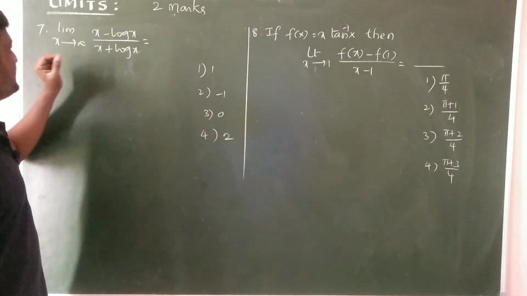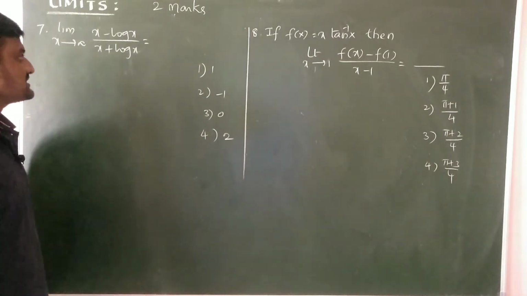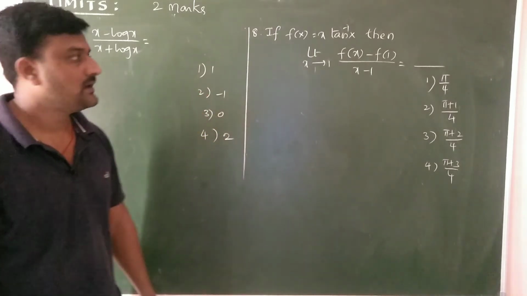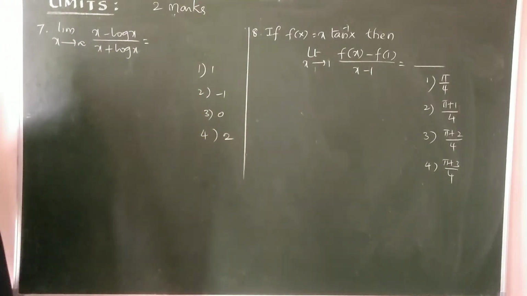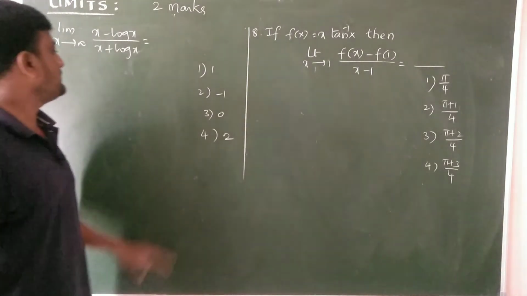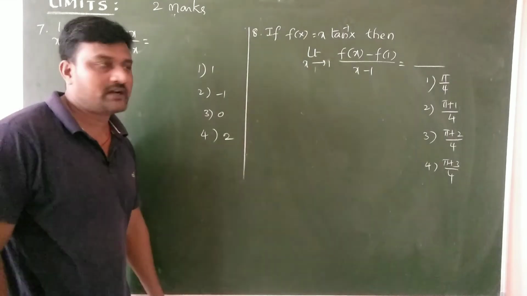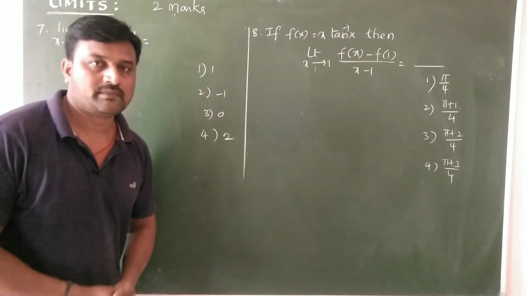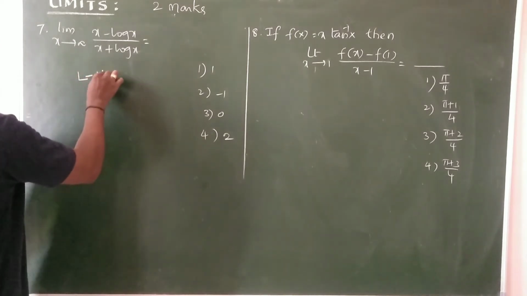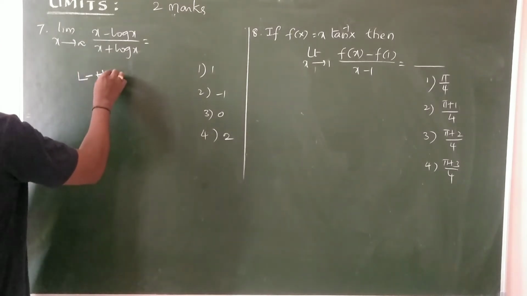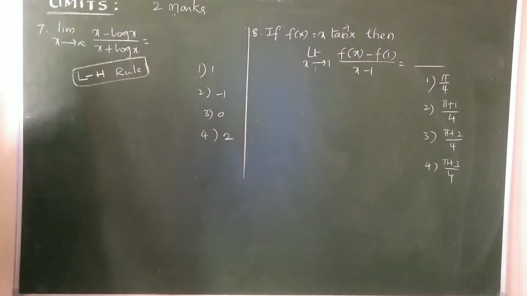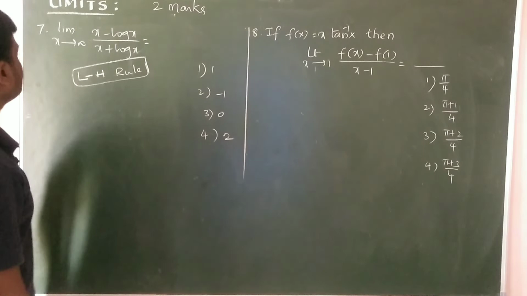Limit x tends to infinity, (x minus log x) by (x plus log x), equals what? Infinity by infinity form. Here we cannot apply any formula or any standard form, we cannot convert it into any standard form. So that is why I can apply one method, L'Hospital rule. What is that?